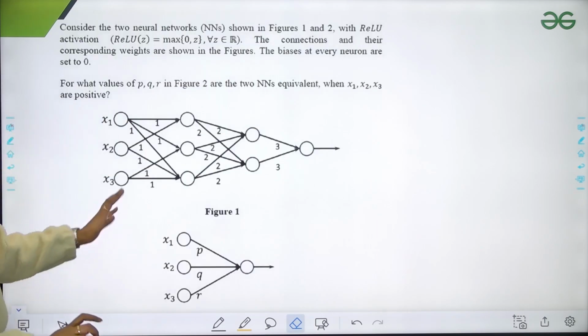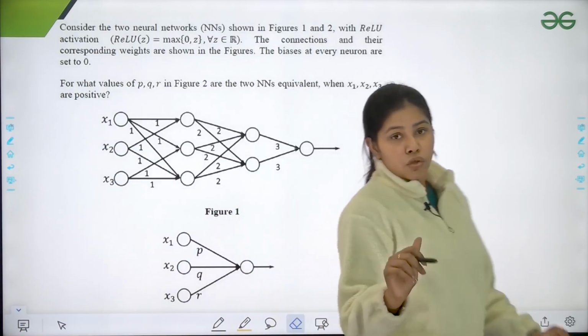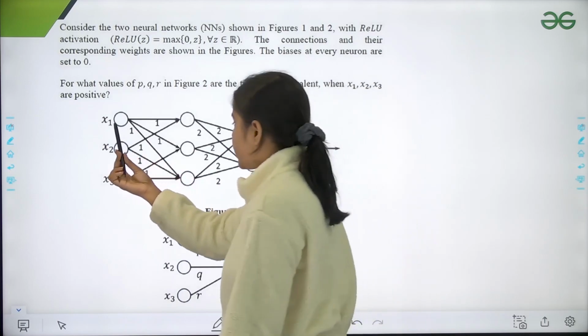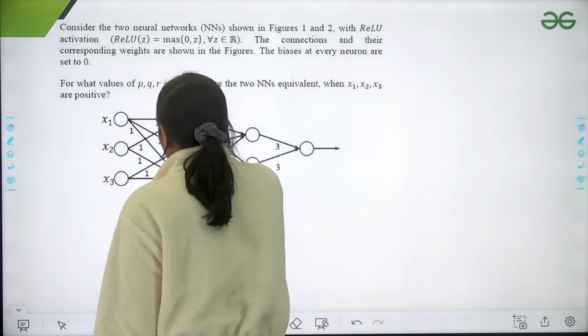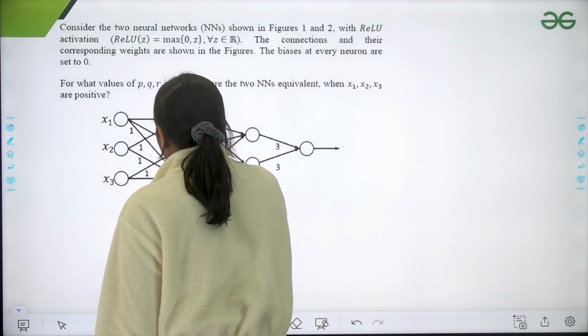Okay, now let's get back to the neural network. So first of all, when I pass x1, x2, x3 through, let's consider this position as h1, h2 and h3.